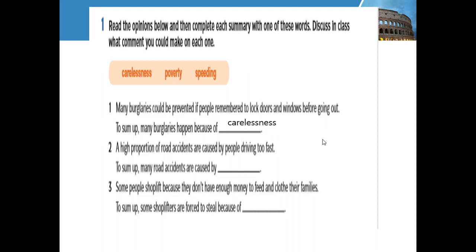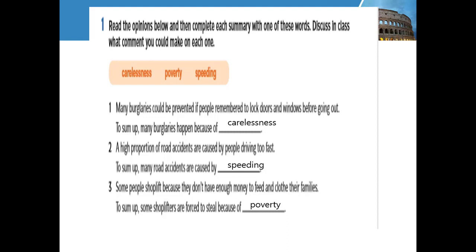To sum up, many burglaries happen because of carelessness. Number 2, a high proportion of road accidents are caused by people driving too fast. To sum up, many road accidents are caused by speeding. And the last one, some people shoplift because they don't have enough money to feed and clothe their family. So to sum up, some shoplifters are forced to steal because of poverty.